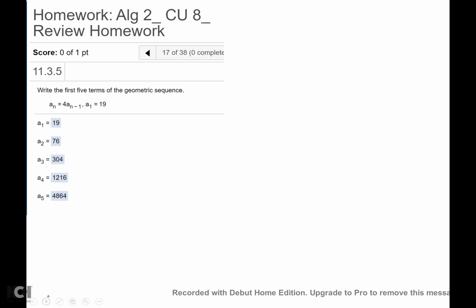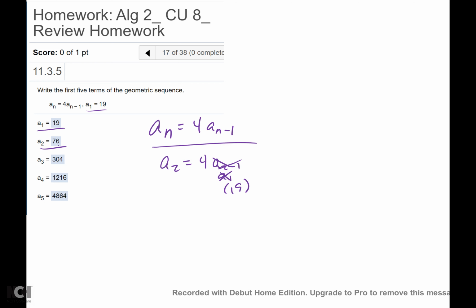Okay, write the first 5 terms of the geometric sequence. They're giving me a recursion formula, so they're saying to find the next term, you take 4 times the previous term, and that's it. So a sub 1 is 19. They told it to you. So to get a sub 2, you take 4 times a sub 2 minus 1, which is a sub 1, which is 19, and 4 times 19 is 76. And again, you can keep doing this if you want.